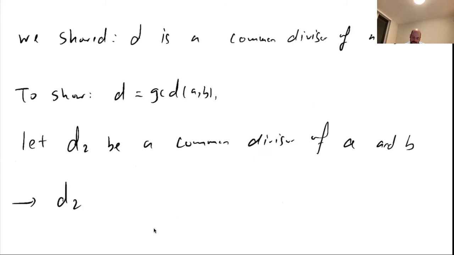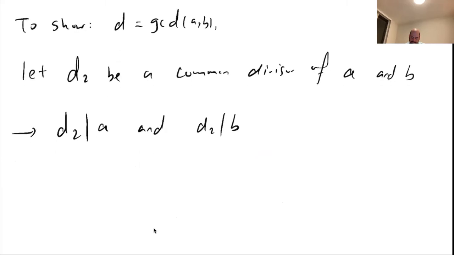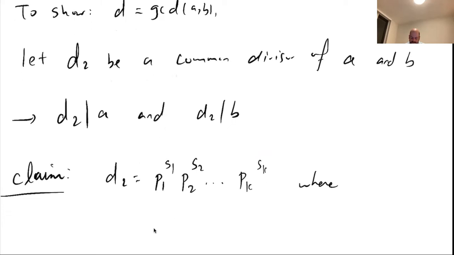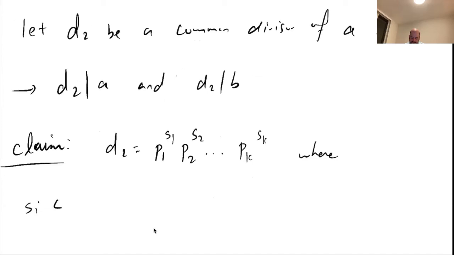That means D2 divides A and D2 divides B. Now the claim is D2 can be written as P1 to power, let's say, S1 times P2 to power S2 all the way to Pk to power Sk, where Si is less than or equal to minimum NiMi for each i between 1 to k.